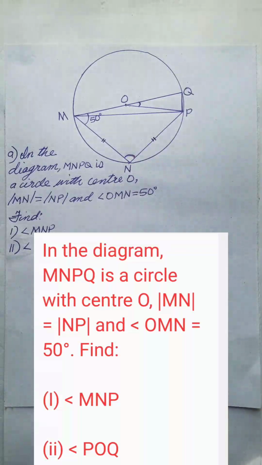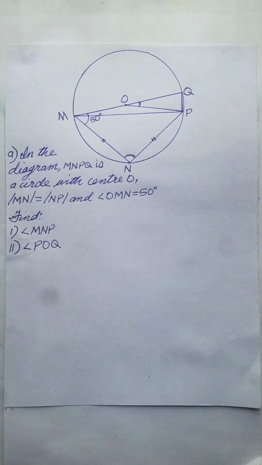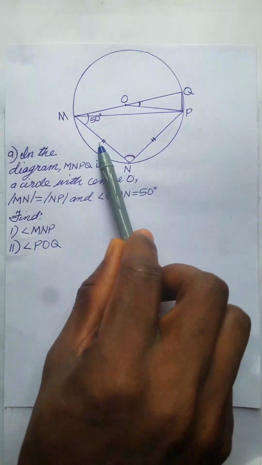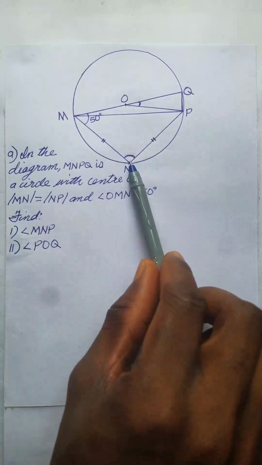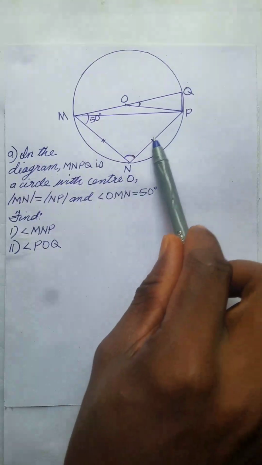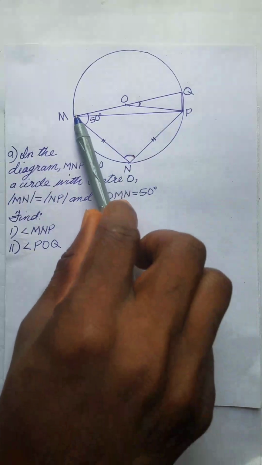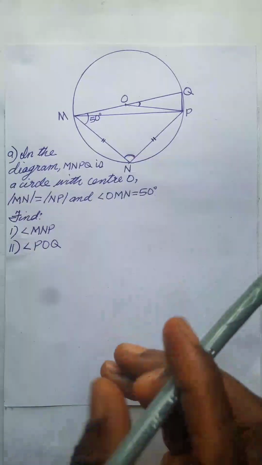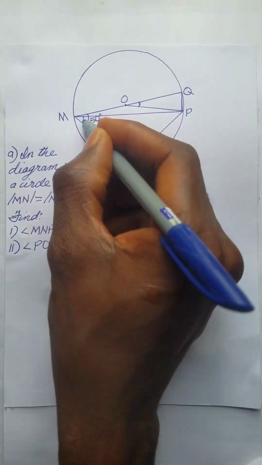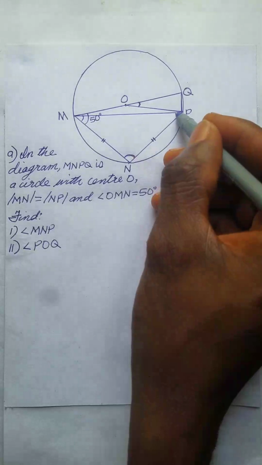Okay, so before we begin, let's have a few facts. Let's look at the diagram very carefully and extract whatever information we can. First, this means that this line is equal to this line. That means this is an isosceles triangle, which means this little angle here is equal to this angle.